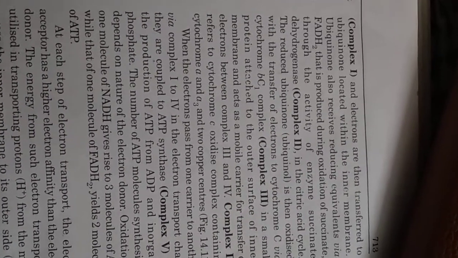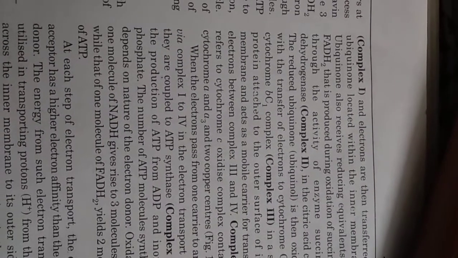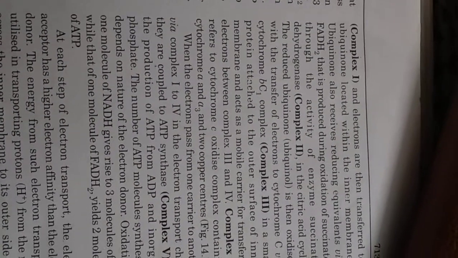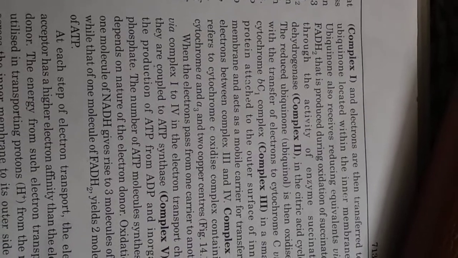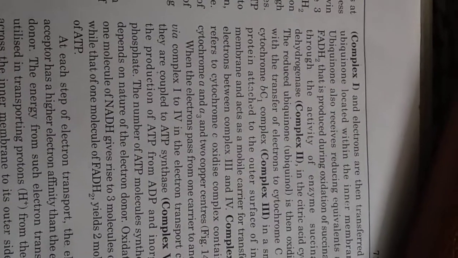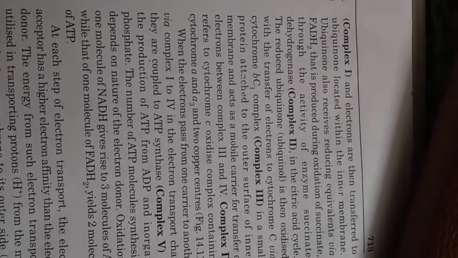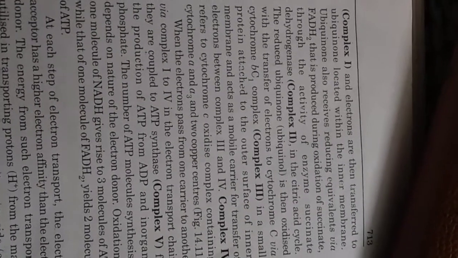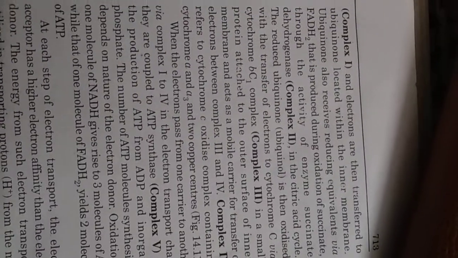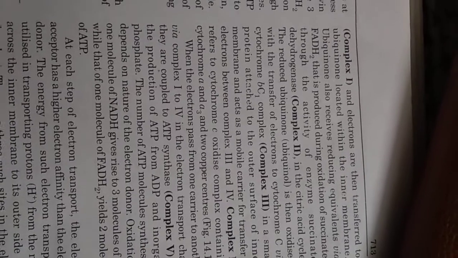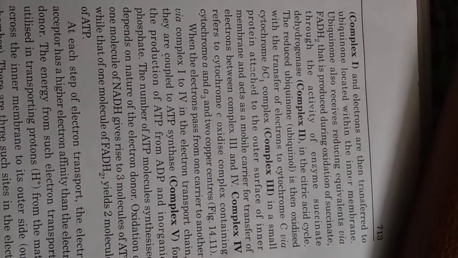So ubiquinone, which got reduced by NADH dehydrogenase and succinate dehydrogenase, now transfers electrons to cytochrome C, but before cytochrome C, it first transfers electrons to cytochrome BC1.